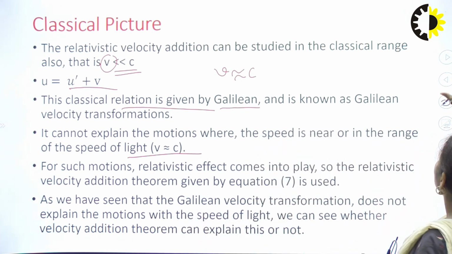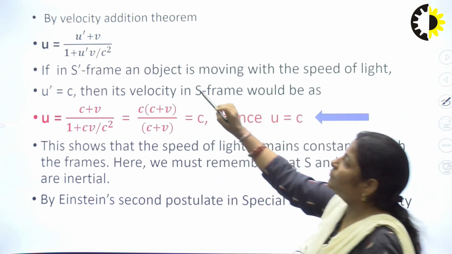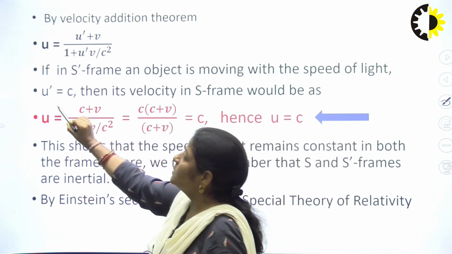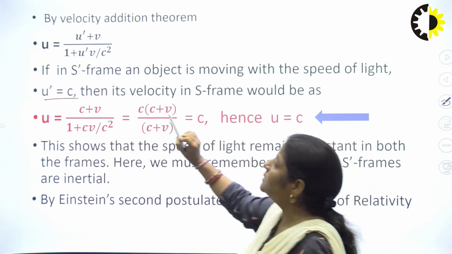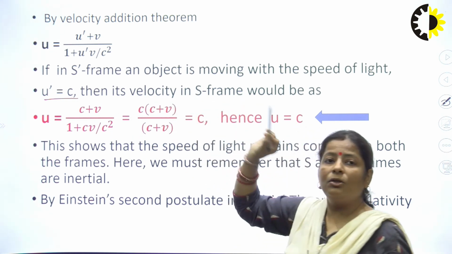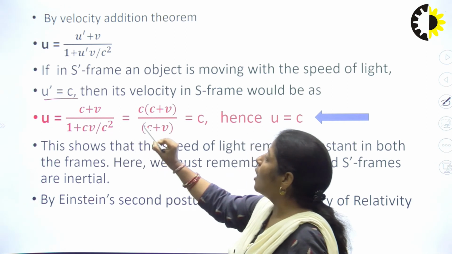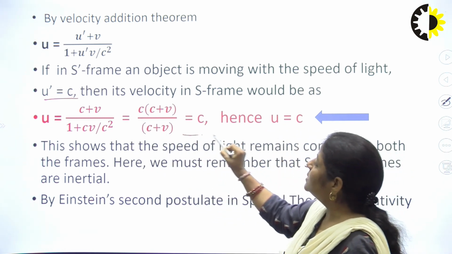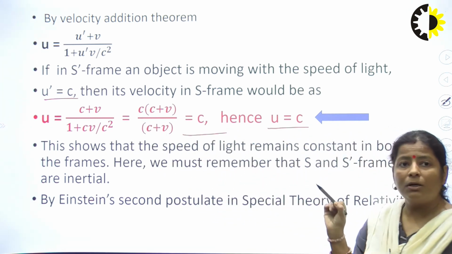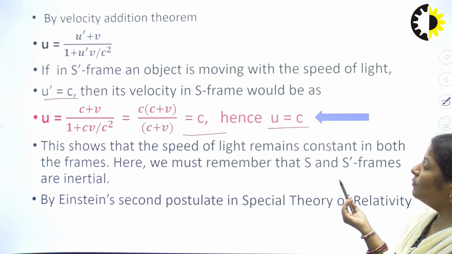We see how this new transformation works for the velocity of light. You can see that as soon as we say u dash is equal to c, so we substitute here, u dash equal to c is giving us the result u equal to c, which is very normal.